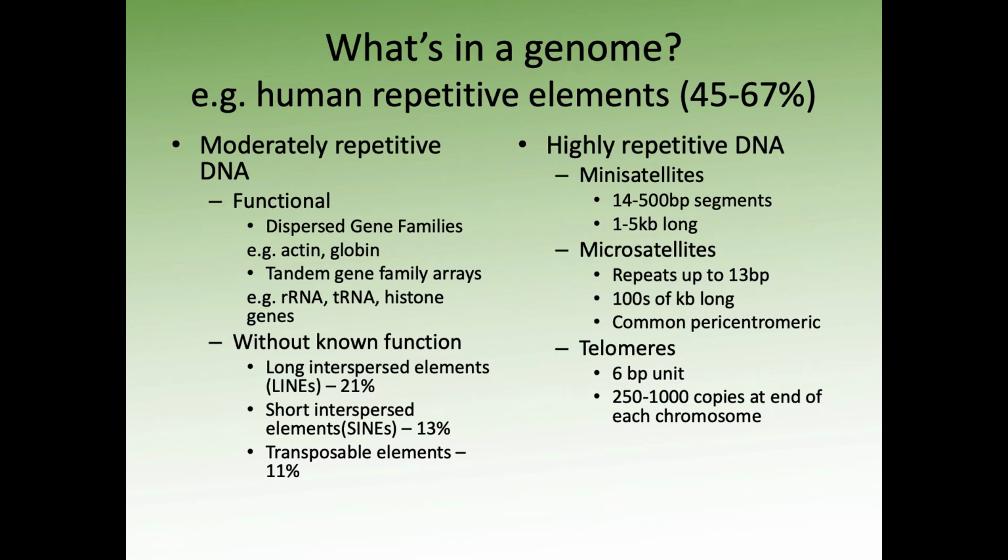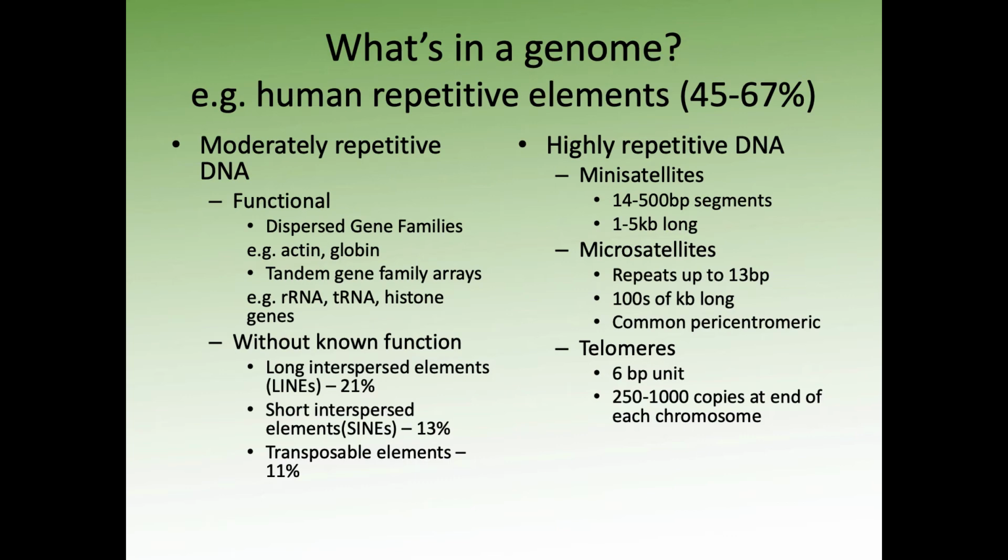It's about 45 to 67% repetitive element, and the numbers change depending on what you define as a repetitive element, but that's a lot of our genome, right? And so for a long time, we referred to this stuff as junk DNA because we didn't think it had much point or purpose.